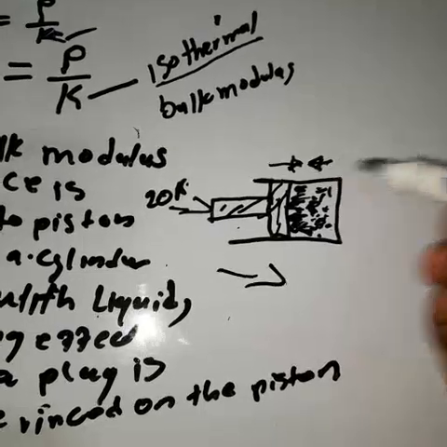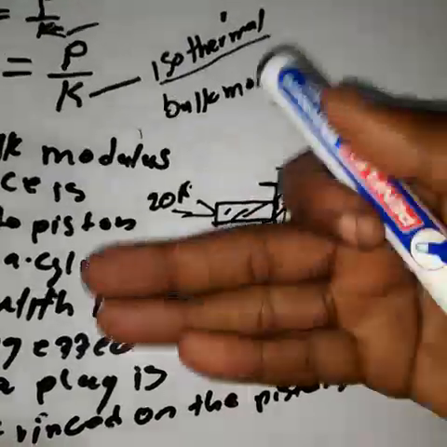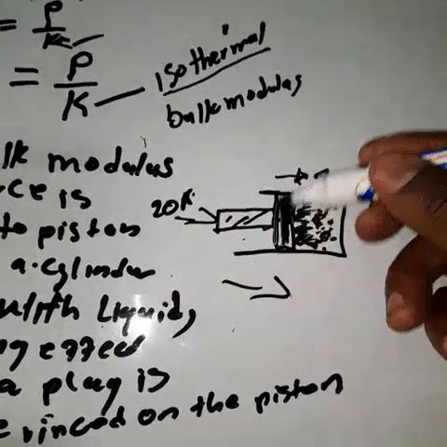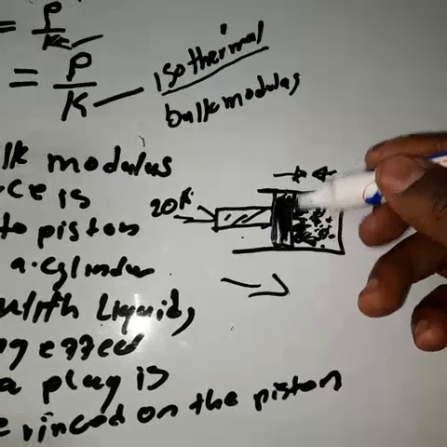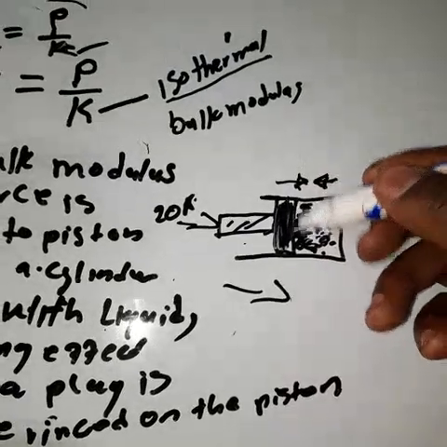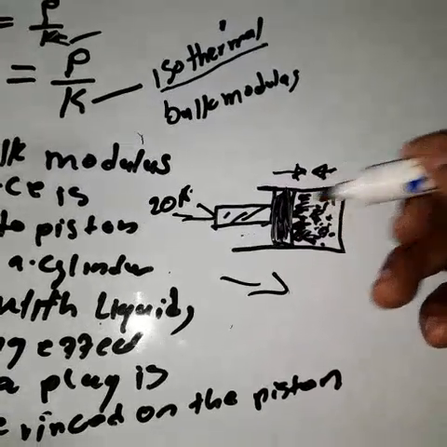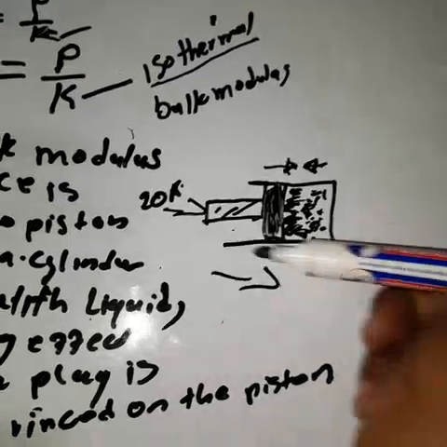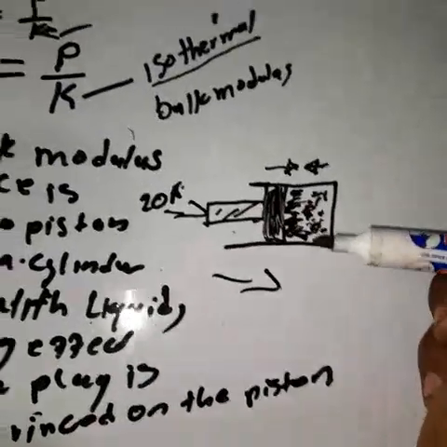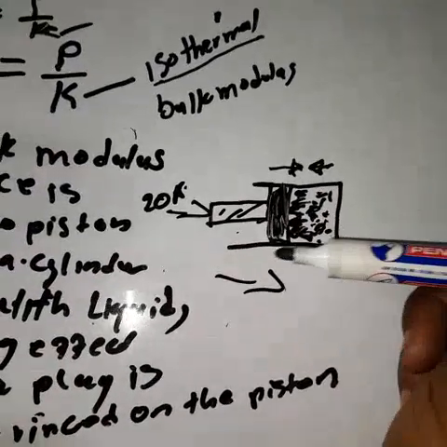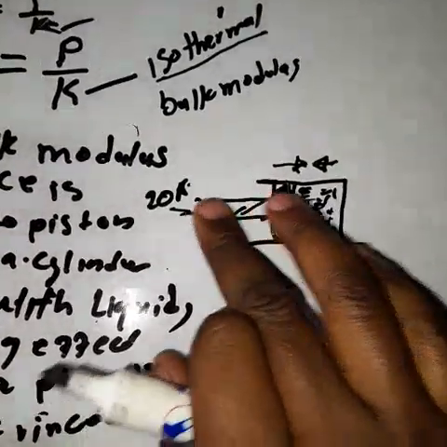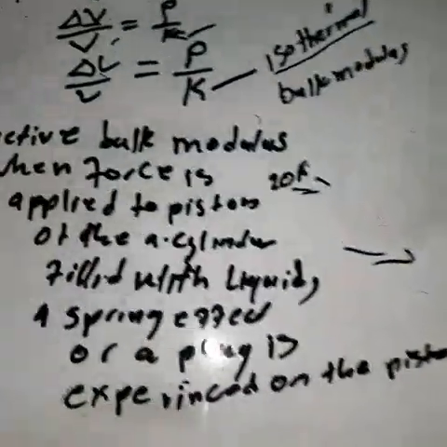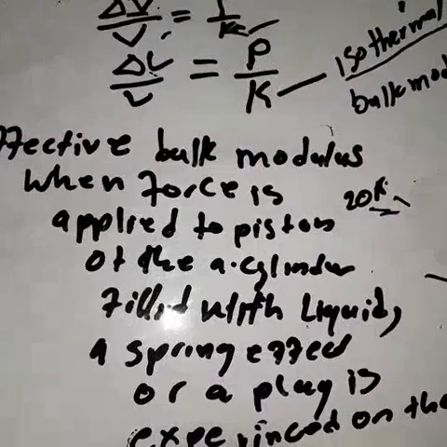It is the one that wants to push this back. Since it wants to push this, it will cause the play on the piston head. There will be a play due to what? When I apply force on this side, this trapped gas will try to oppose the force that I've applied. You see? So we call it effective bulk modulus.